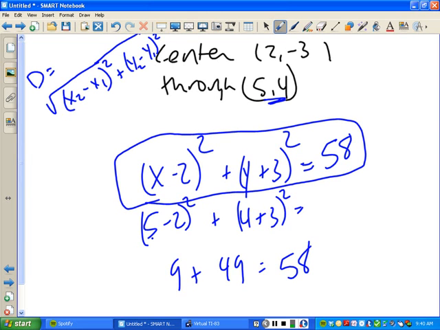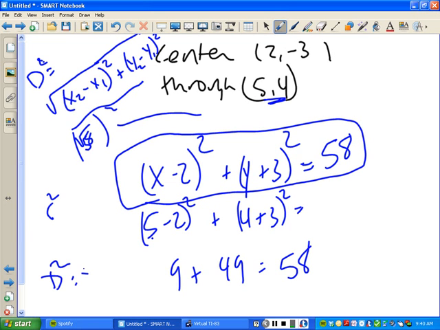If you did it this way, where you use the distance formula, you would end up getting the square root of 58, and then you'd have to square that to put it into your equation, because remember your equation is r squared. Does that make sense? Yes, it does. And by the way, if you square both sides, d squared equals (x2 minus x1) squared plus (y2 minus y1) squared.